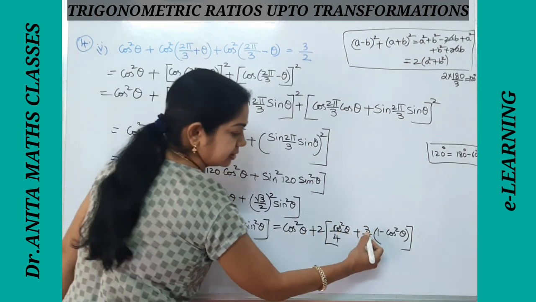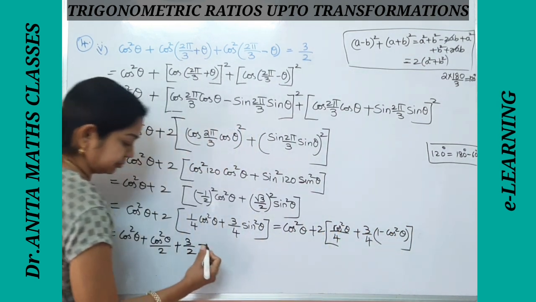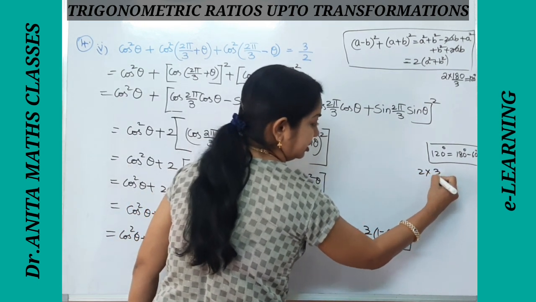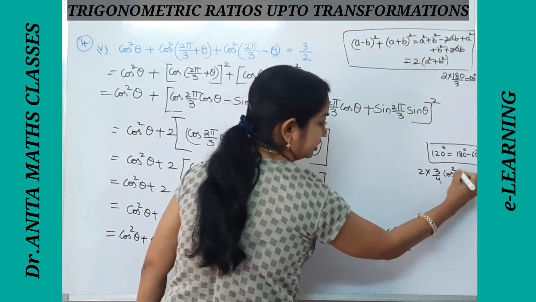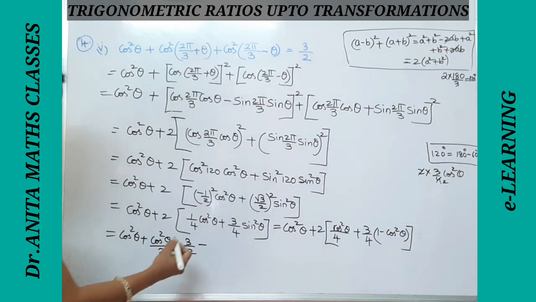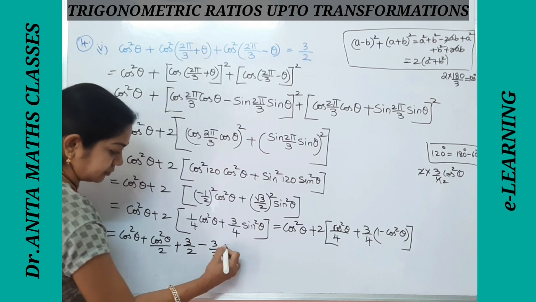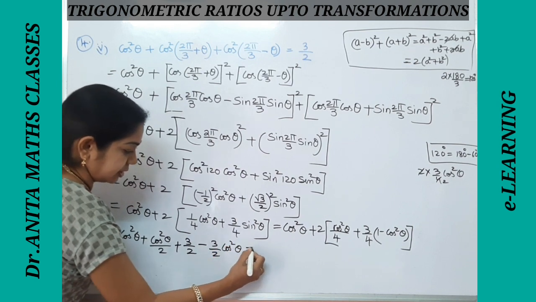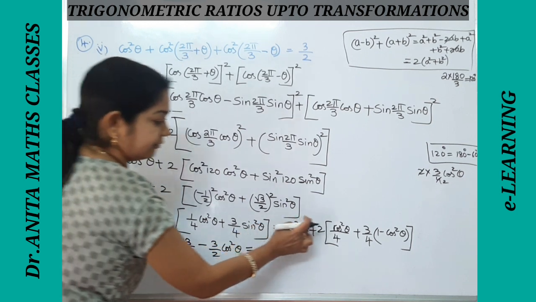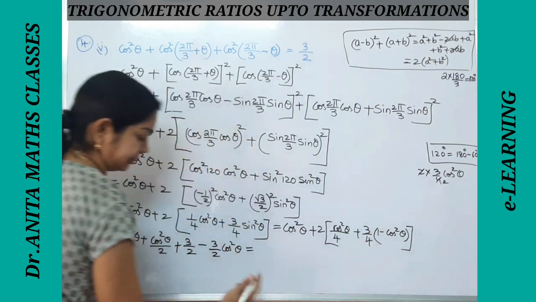And if you open it, 2 into 3 by 4 cos square theta. So if you cancel off, it comes to 3 by 2 only, but negative cos square theta you get here. Right, here I have multiplied and opened the bracket at a time.